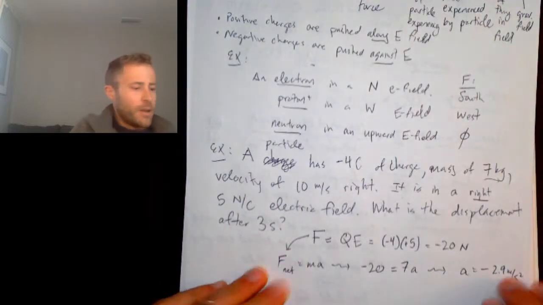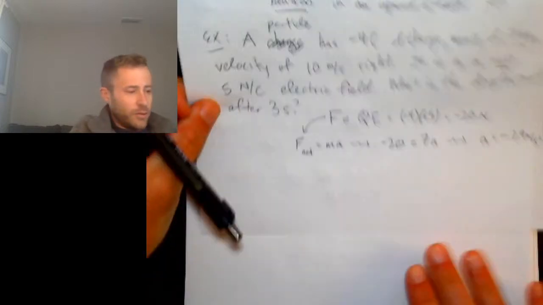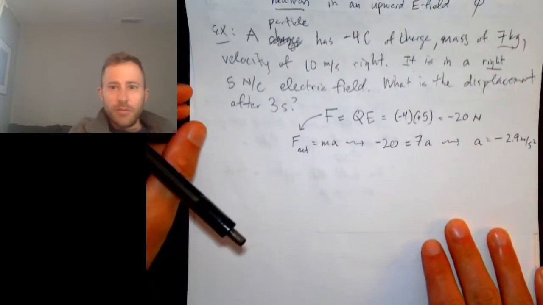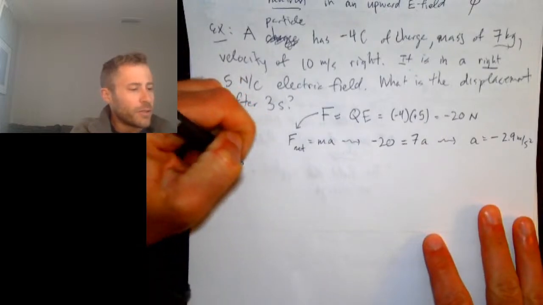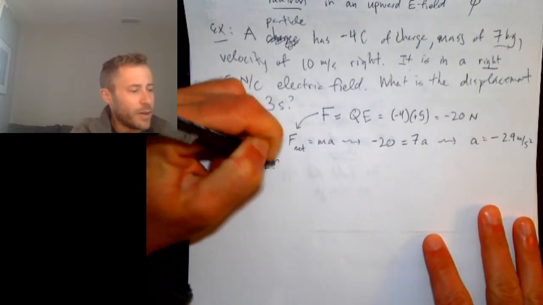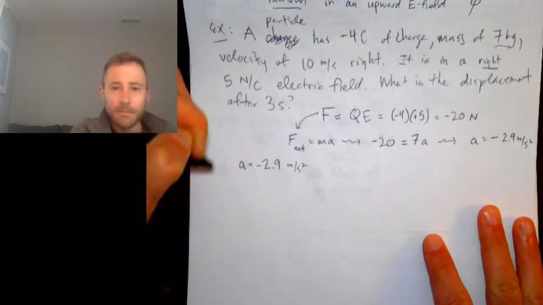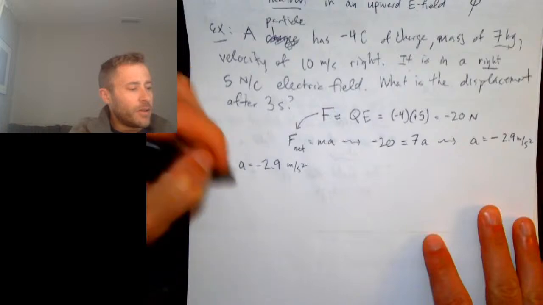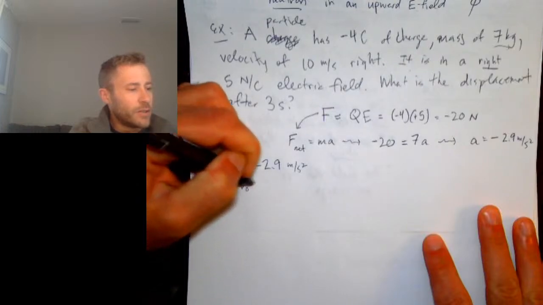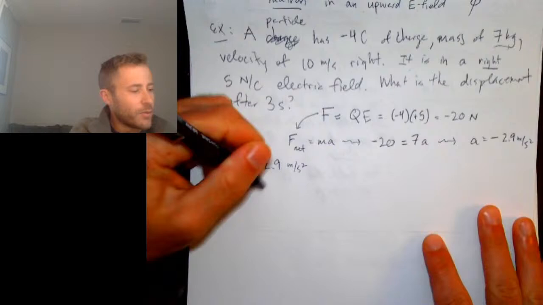Now if you think about this, it becomes a kinematics problem. We have the acceleration is negative 2.9 meters per second squared. The initial velocity is 10 meters per second to the right.